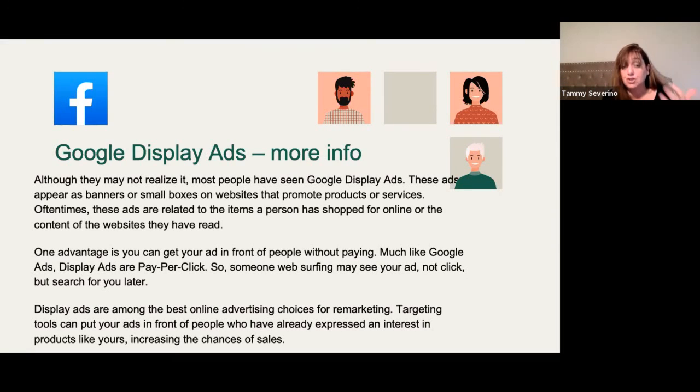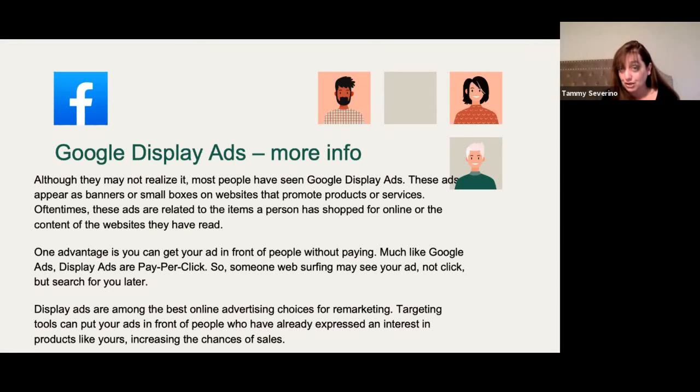So one advantage of the Google ads is that you're in front of people without paying. How is that possible? Much like Google search ads, display ads are pay-per-click. So someone who's web surfing may see your ad and not click on it right away, but they may search for you later.